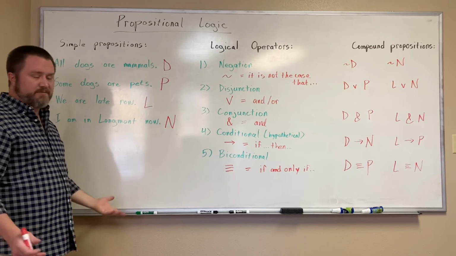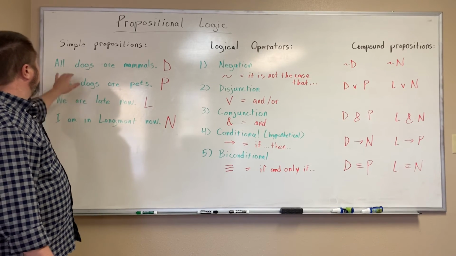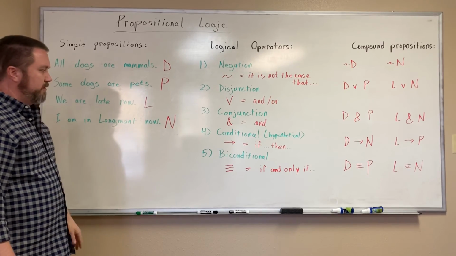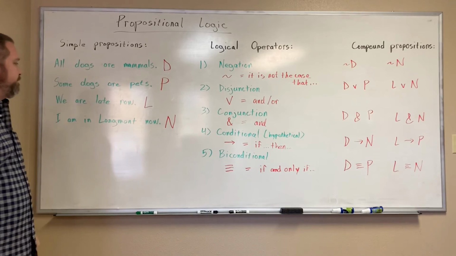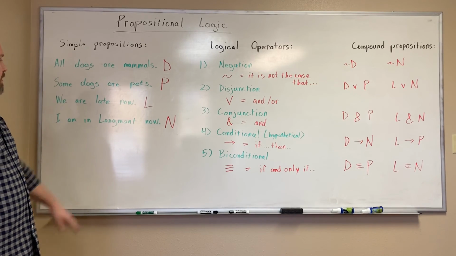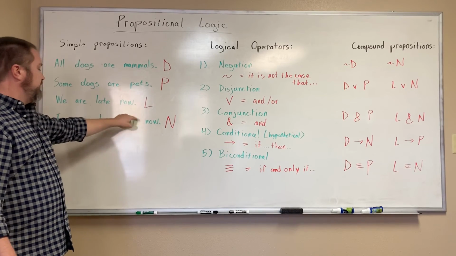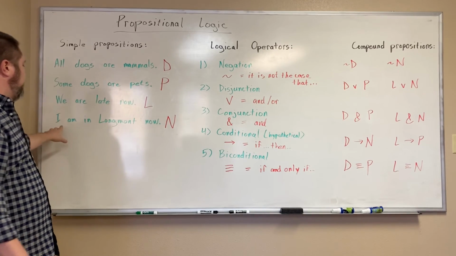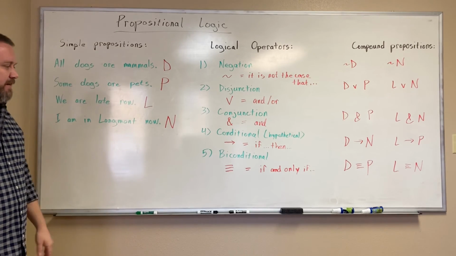Makes a little more sense. Actually, both of those are true, so this would be a true statement. But again, we'll get into truth values later on. L is the case, we are late now, if and only if I am in Longmont now. Could see a scenario where that makes sense.